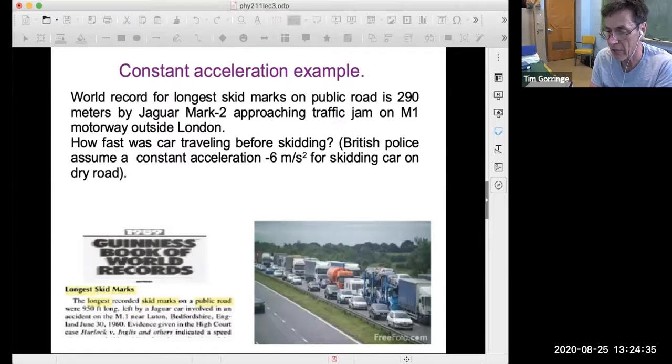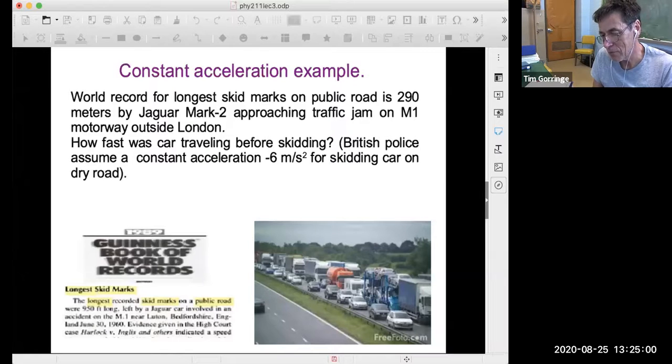We're going to use this value that's in the problem, -6 meters per second squared, for the deceleration of the car. So we want to figure out how fast it was going. I mean, does the driver get a speeding ticket or not? We're going to figure it from the length of the skid marks.